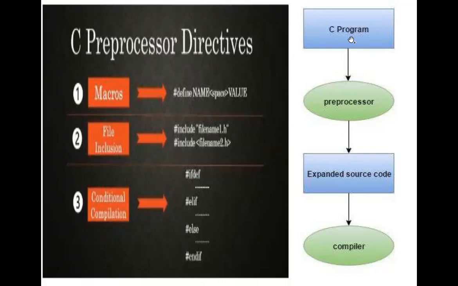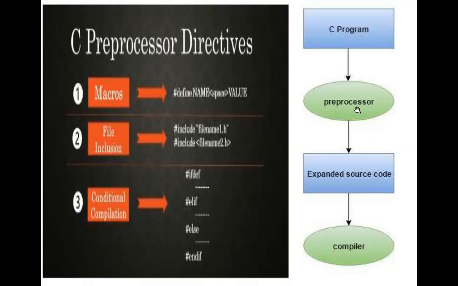Whatever source code, that is the C program, you write will be given to a preprocessor, which will expand your code. For example, when you write hash include stdio.h, whatever is present in the stdio.h header file will be included in your C program.